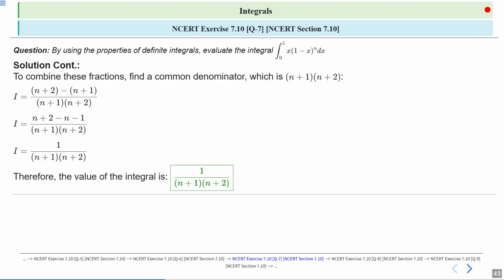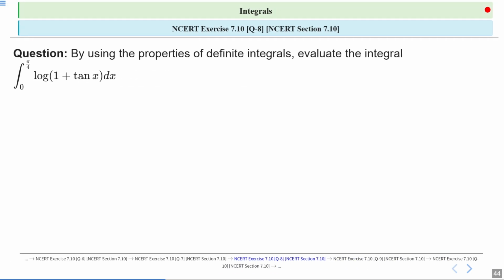So when we use the property, that is the integration from 0 to a of f(x) dx is equal to the integral from 0 to a of f(a − x) dx, the definite integral from 0 to 1 of x(1 − x)^n is converted to a problem which is more easily integrable than the original problem. Okay. So the next question is: evaluate the integral from 0 to π/4 of log(1 + tan x) dx.